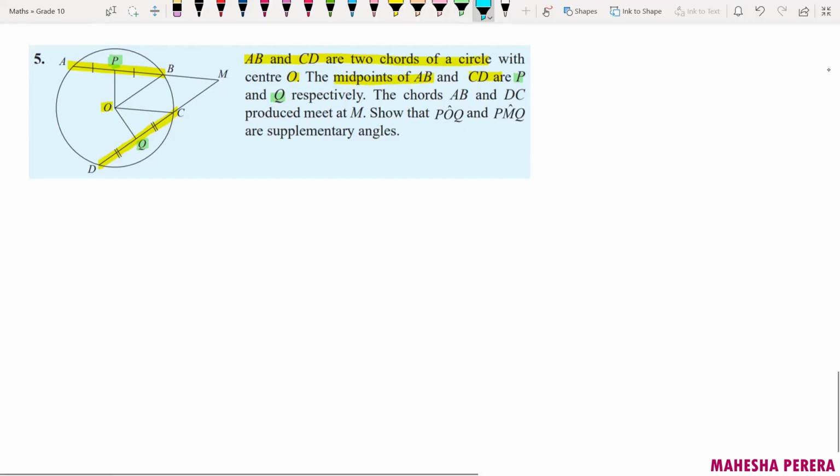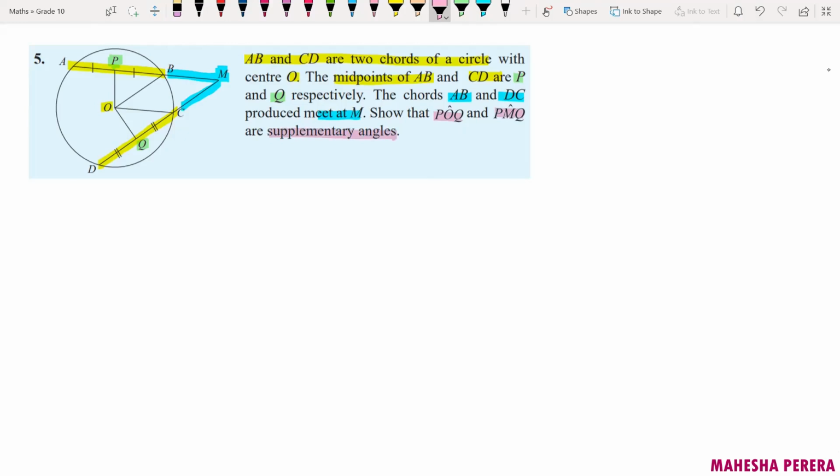The chords AB and DC produced meet at M. Right, now when we produce the chord AB and chord CD, they meet at M. Show that angle POQ and angle PMQ are supplementary angles.